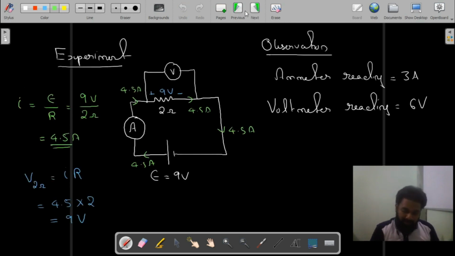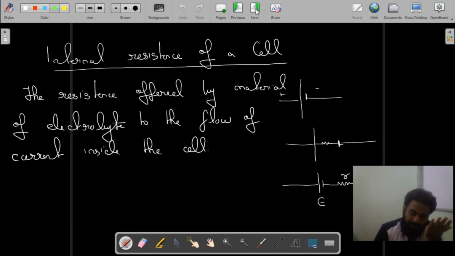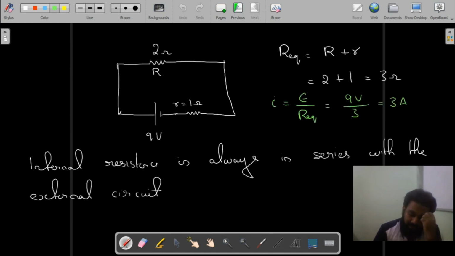See, in the previous case something was missing. Ammeter reading was 3 ampere, theoretical value was 1.5 ampere. We were worrying about where this 1.5 has gone. Now 3 ampere is coming correctly when we consider the internal resistance.